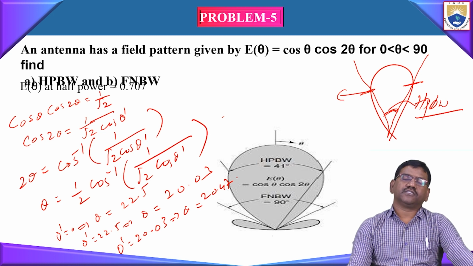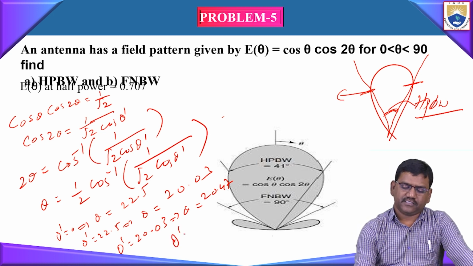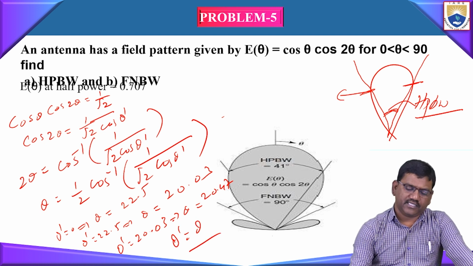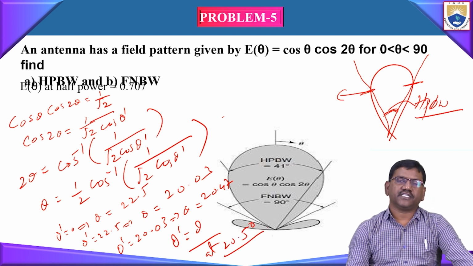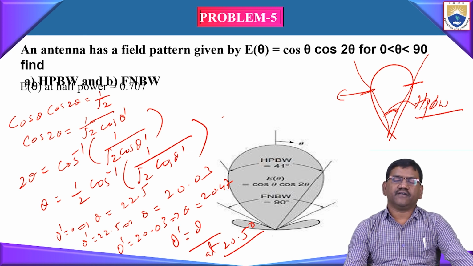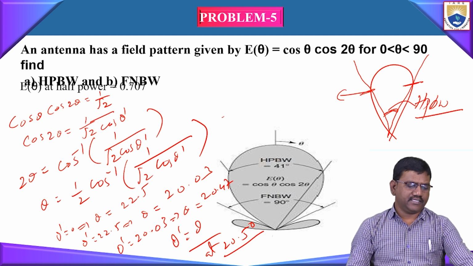So like this, you need to repeat the iteration process a number of times till theta dash is equal to theta. So after a few iterations, first, second, third, fourth and fifth iterations, finally the value of theta and theta dash will be equal at 20.5 degrees.